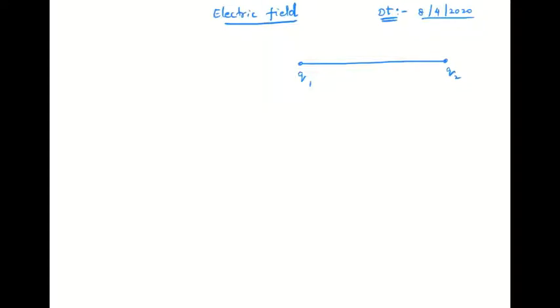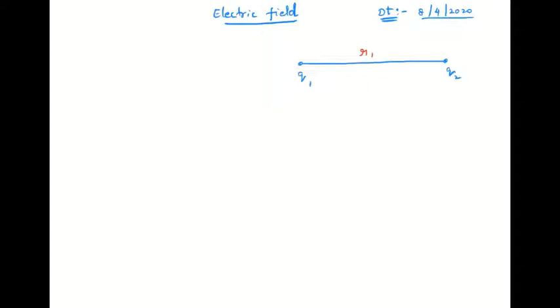Now, is it the same everywhere? No. It will be different at different points. It will change. That means the field is not the same at all times, and the attractive force on Q2 is not the same. Suppose the field was created by Q1 and Q2 is placed at R1, then it will experience some force.